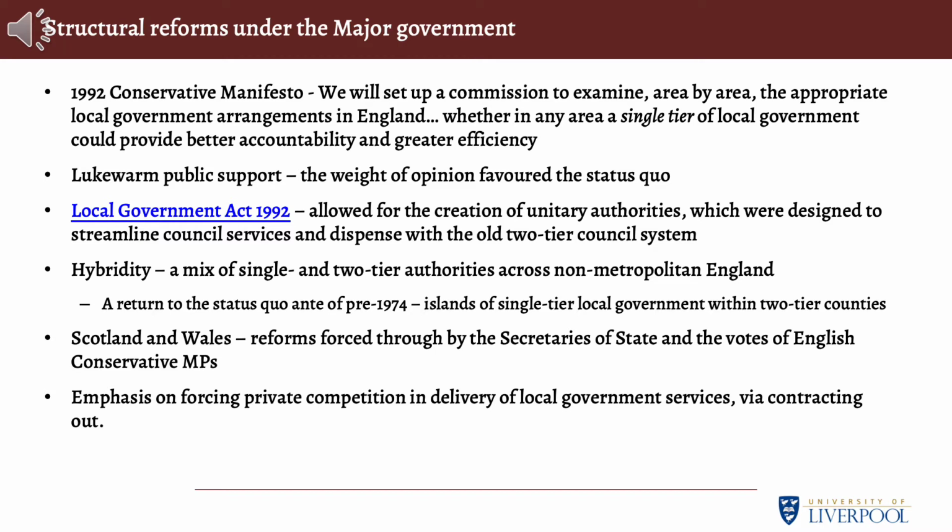Now, importantly, there was no mechanism for reversing the move to a unitary authority, for unitary authorities to rejoin county councils, nor was there an expectation that the current metropolitan districts, which were essentially unitary authorities already, would be able to create a county council, right? The move was one directional towards unitary authorities, whereas in Scotland and Wales, the Major government just forced through unitary authorities.